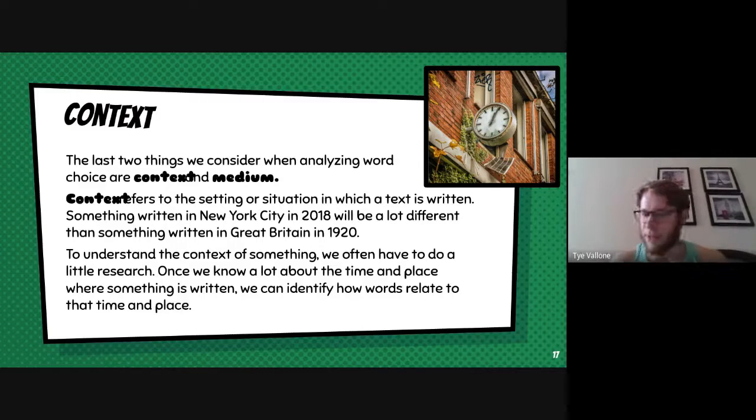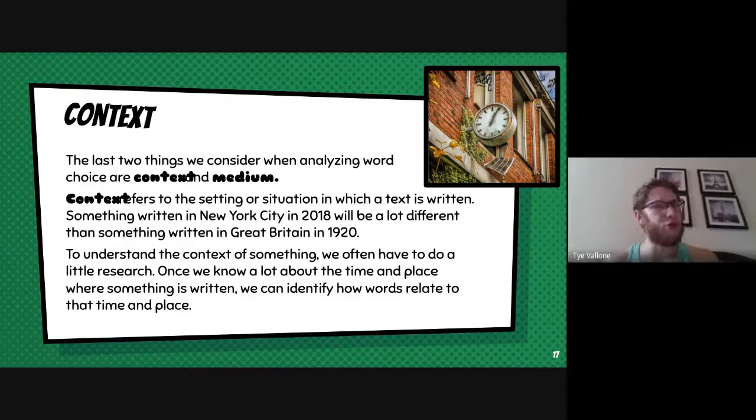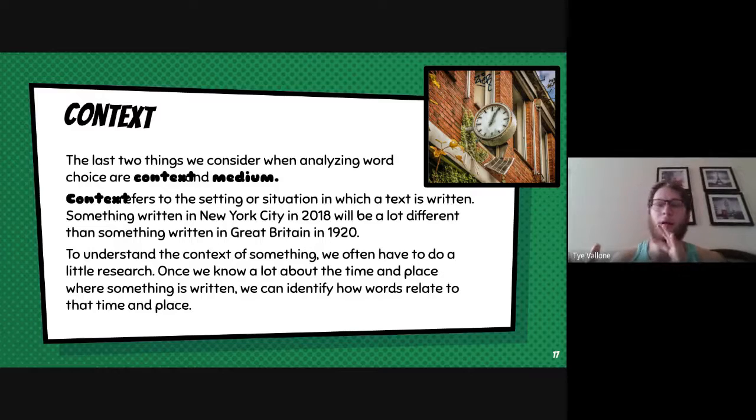But at the time this poem was written, in the late 1800s, early 1900s, America was kind of the opposite. A lot of immigrants were struggling in their home countries and they wanted to come to the shores of America where they could be a little bit more free to practice their religion and find a job and start a new life. So that's why the context comes into play, right?